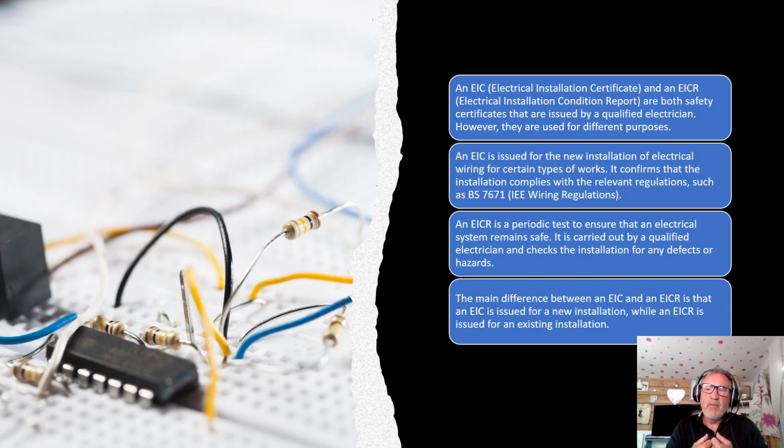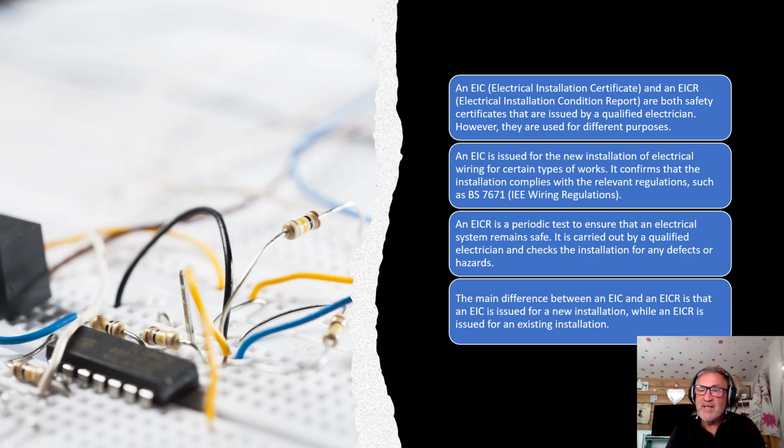Right, here I want to look at the certificates you're going to be required to produce, what we shouldn't confuse them with, what they are, and what they're used for. You need to produce for your portfolio of evidence an EIC, Electrical Installation Certificate. You're also going to be required to produce a minor works.